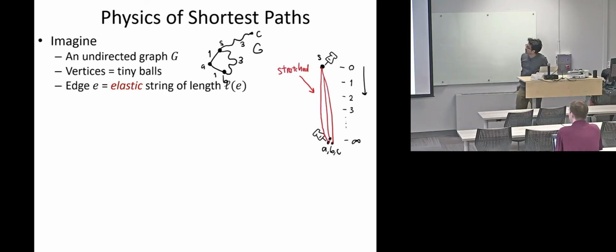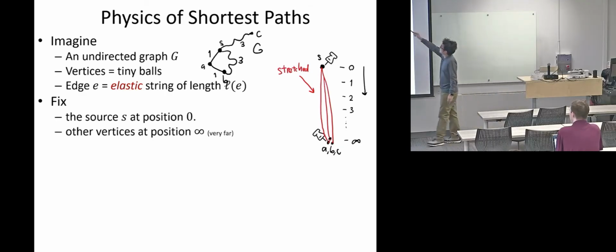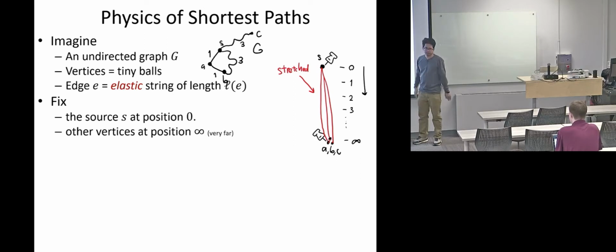Think of this picture where you fix the source node S at position 0, and going down there are positions 1, 2, 3, 4, and so on. Then you fix every other node somewhere far away, like infinity. So right now, every edge is really stretched.